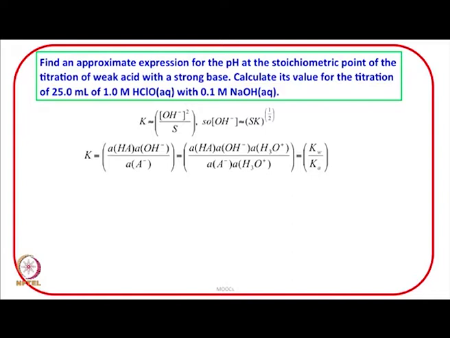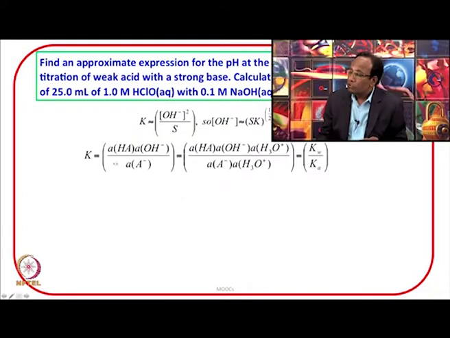K, which is the activity of HA into the activity of hydroxide ion over the activity of A minus, can be written as the activity of HA into the activity of hydroxide ion, and let me divide and multiply by the activity of hydronium ion and then combine these two. These two multiplication is equal to Kw, the autoprotolysis constant of water.